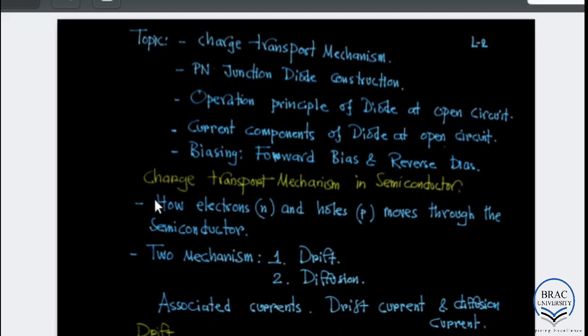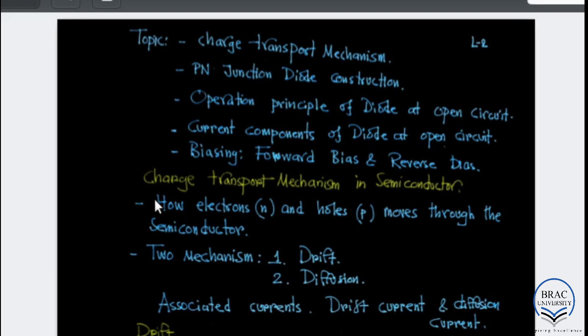That can be done by introducing some defect, which we learned as doping. So either we dope an impurity, for example phosphorus, to get a higher number of electrons, or boron to get a higher number of holes.